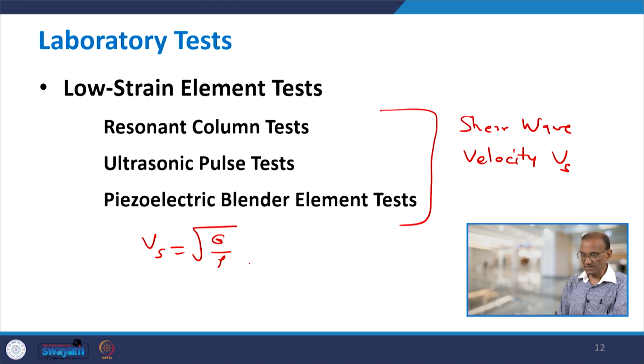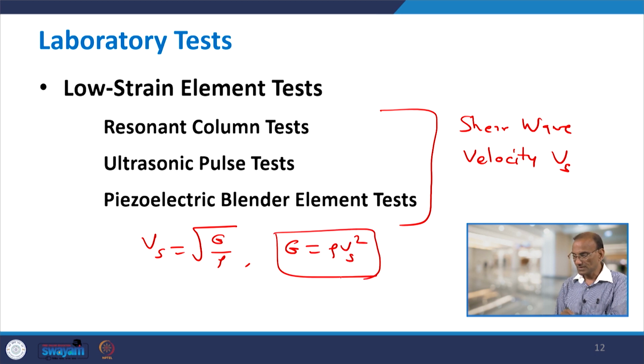So, once you know Vs, the shear modulus G can be calculated as rho Vs squared. These things we already discussed. So, these tests give you the shear velocity.